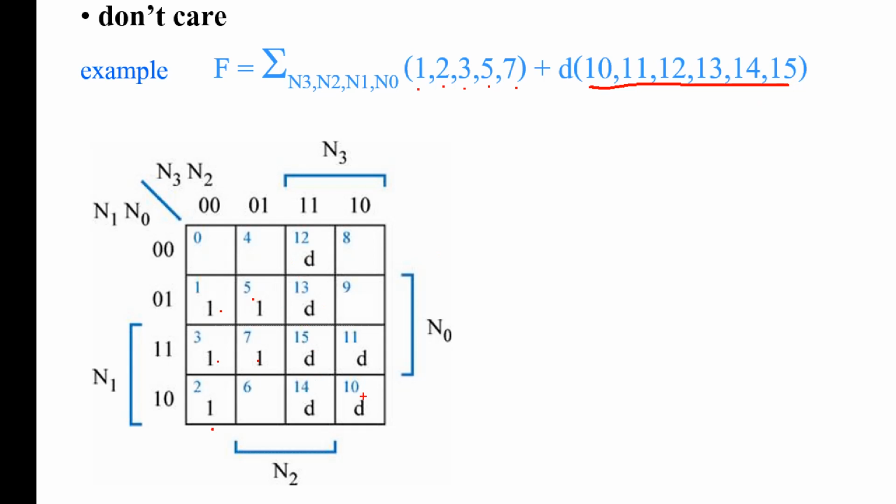Your objective is you must select every logic 1 output, all of them. But for don't care, you can select or not select. If you select, the final result will give logic 1 output. If you don't select, it will give 0 output. Understand? Yes, very good.